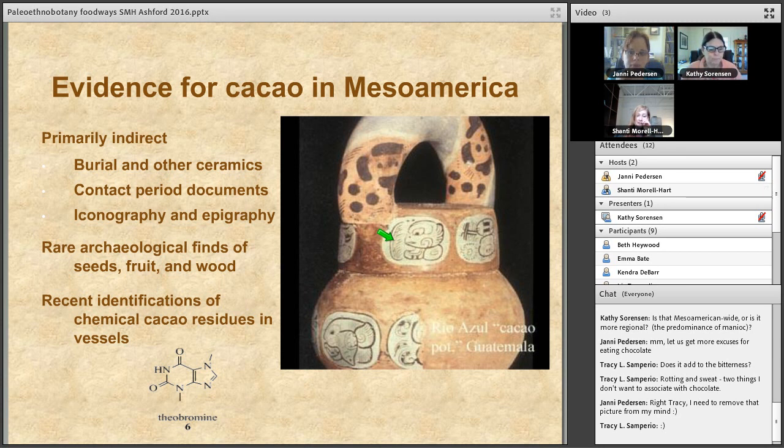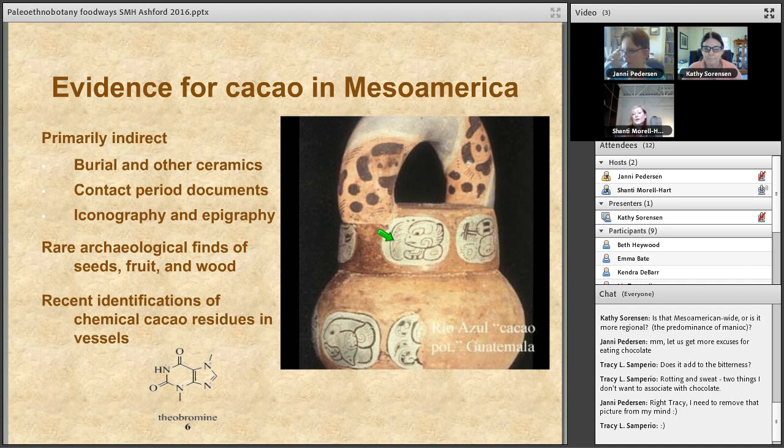And what's really interesting is that these cacao residues are showing up not only in Mesoamerica, where cacao is frequently used, processed, consumed, and traded, but also as far north as Chaco Canyon in northwestern New Mexico. Cacao does not grow anywhere within about 1,000 miles of Chaco Canyon.